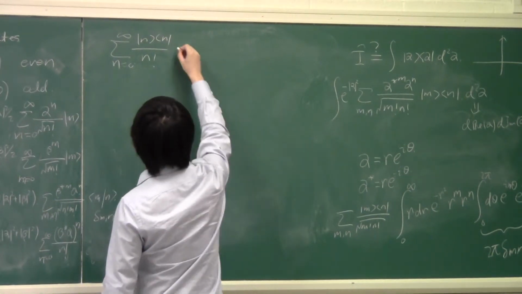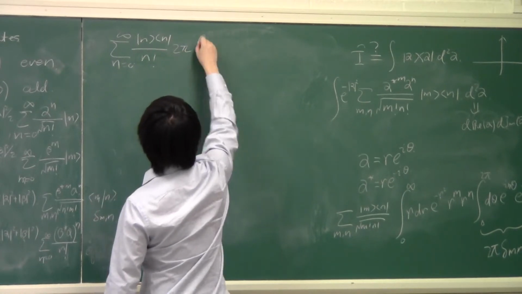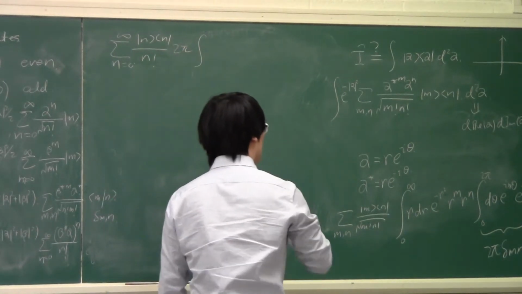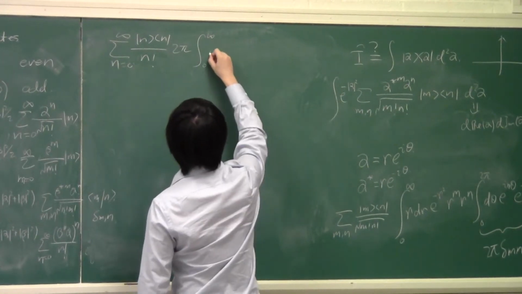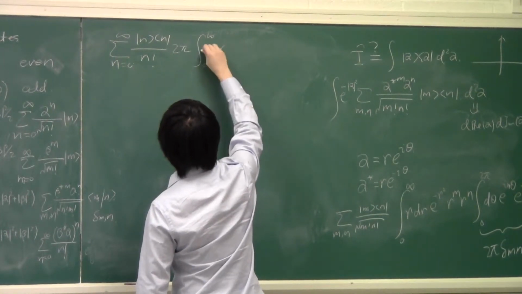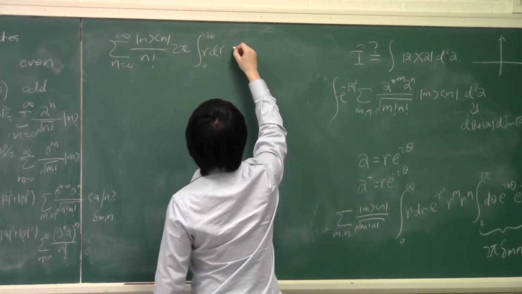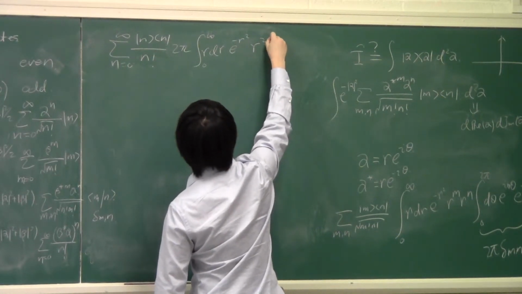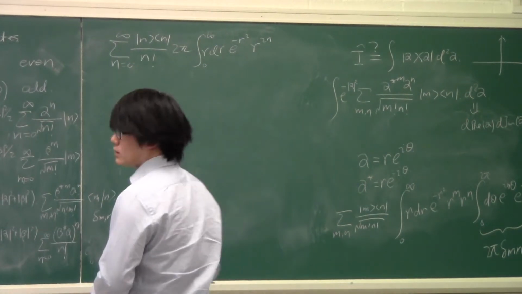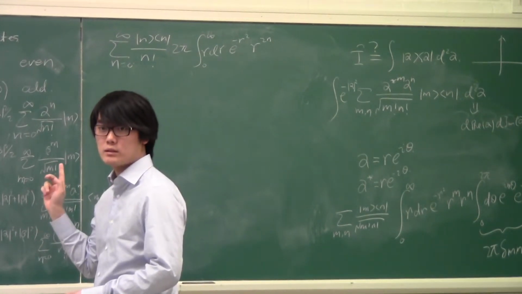And 2 pi. And then the radial integral, which is dr times e to the minus r squared, r to the 2n power. Everybody is okay with this?